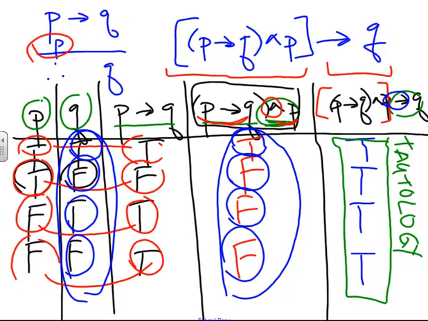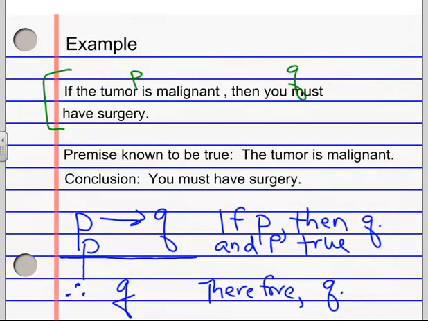Now, that seems like a lot of work to go through and prove this statement to be true, because this is one of those cases where it's pretty obvious. If the tumor's malignant, you have to have surgery. The doctor says it's malignant, so you have to have surgery. Well, arguments become more and more complex. Go back and think about the jury trial that we were talking about.